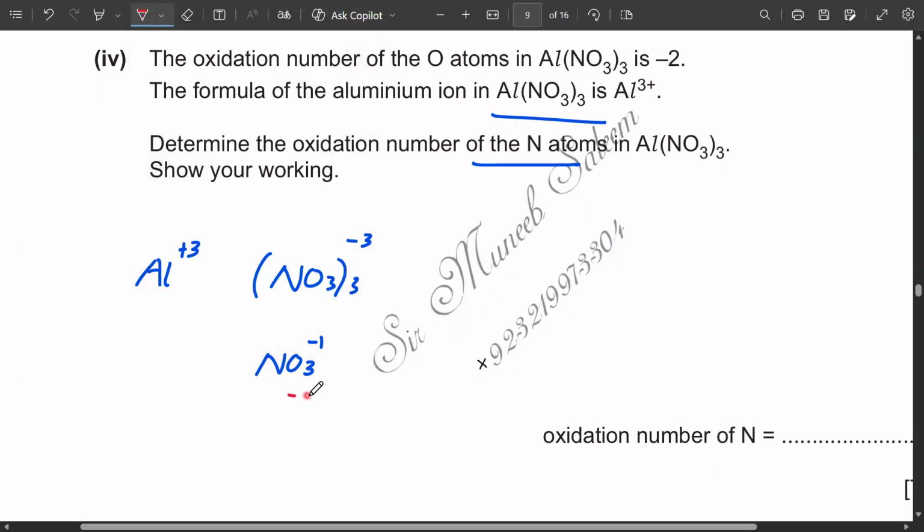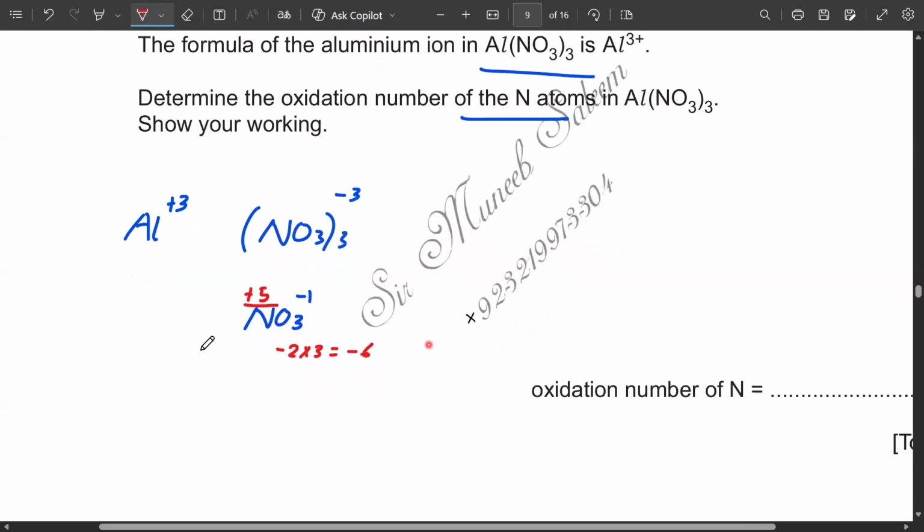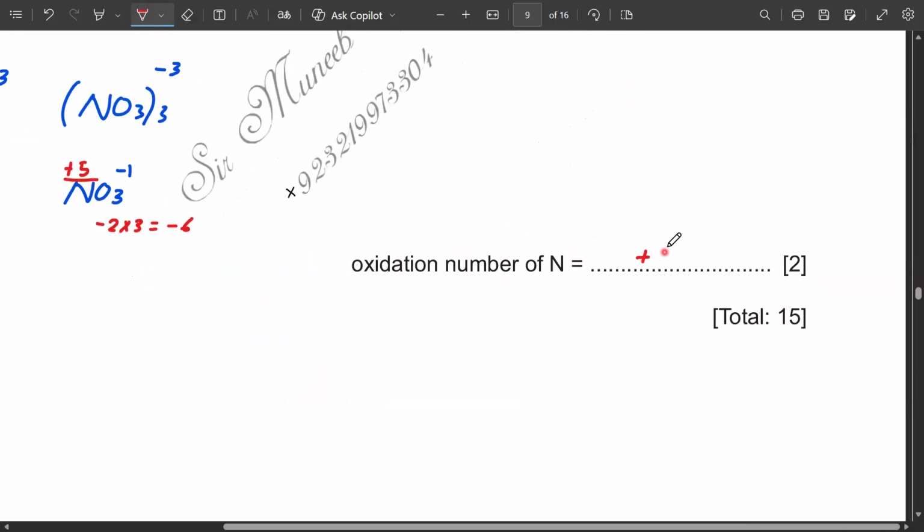We have -2 for one oxygen atom, so for three oxygen atoms, it will be -6. Now to balance it with -1, we must have +5 on the nitrogen. So +5 is the oxidation number of nitrogen.